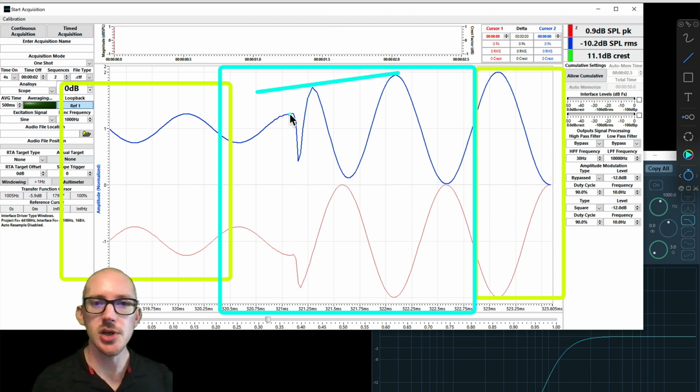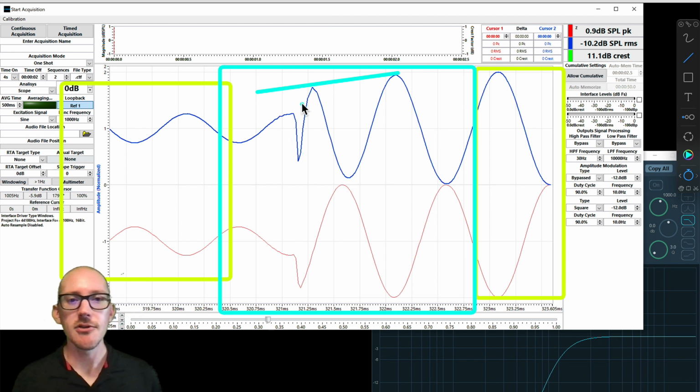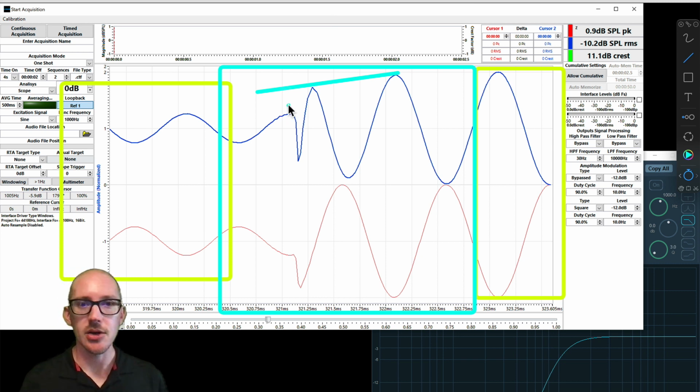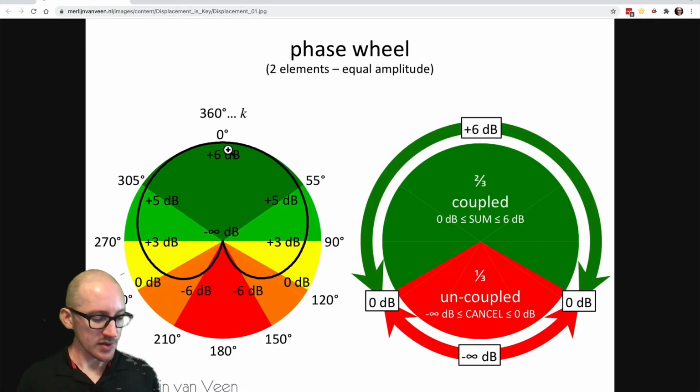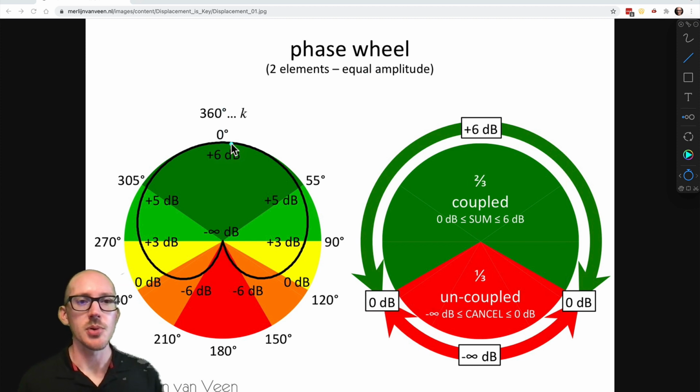So as it tries to jump up in amplitude, then the filter is doing its work. And so there's this weird thing here where it jumps down and then it goes back up again. What this looks like to me, and I don't know if this is the proper way to talk about it, is that at first it comes up and it says, oh, here I am. And the filter says, no, no, no, you're supposed to be way over here.